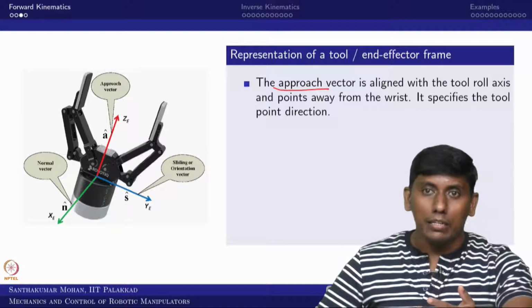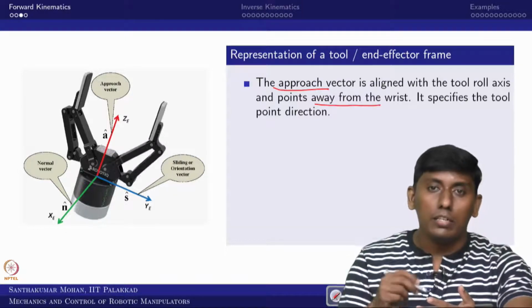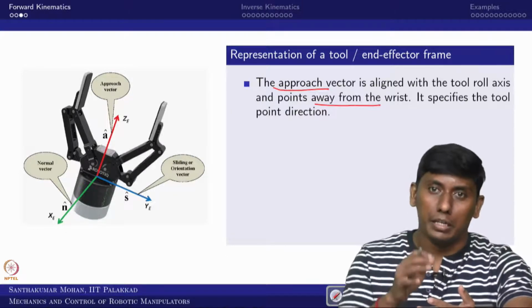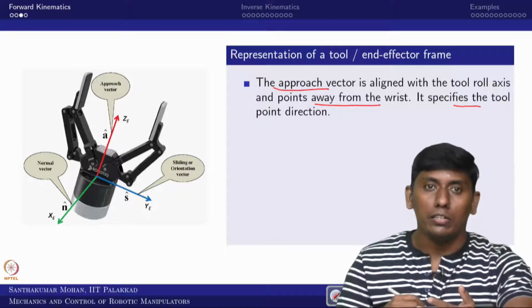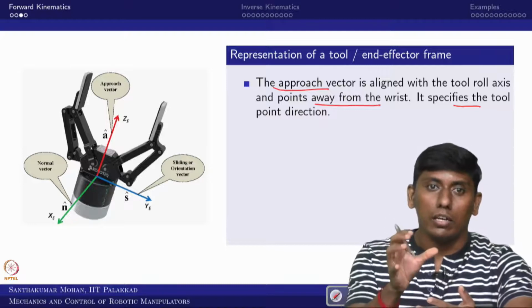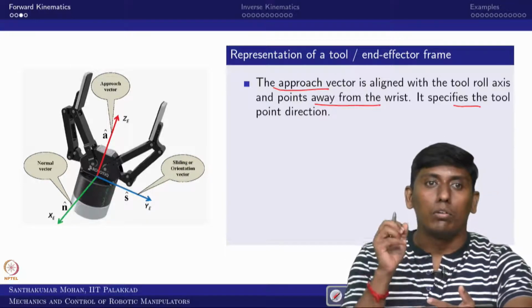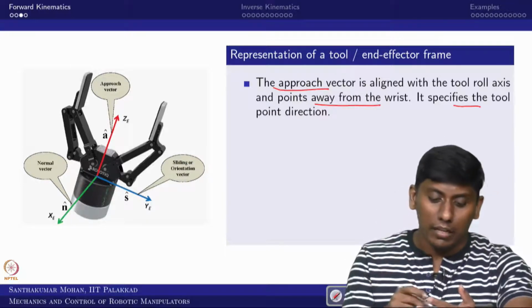Otherwise, it is the orientation of the wrist, how it approaches the object, that is the tool point direction, the gripper direction, or the end effector direction. That is what we fix as the z axis.